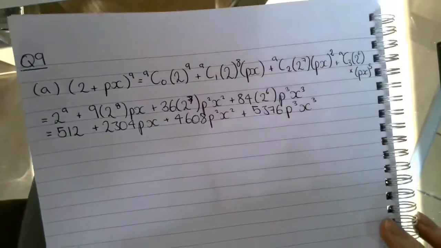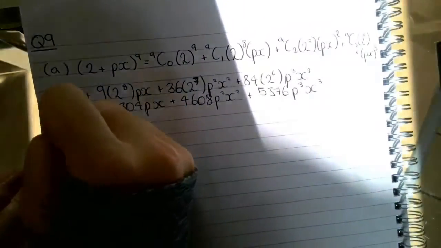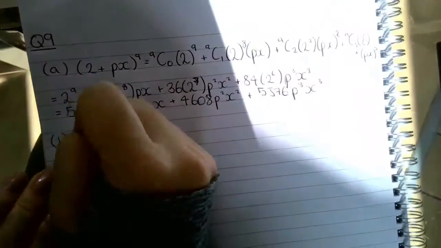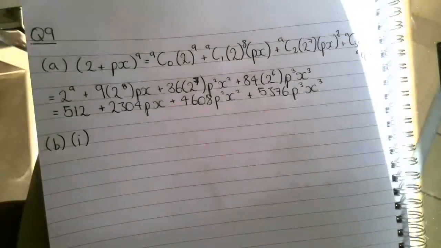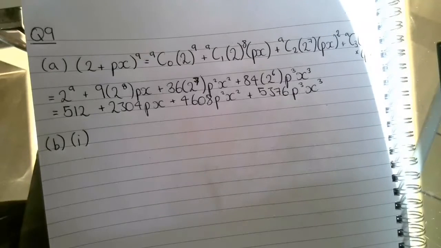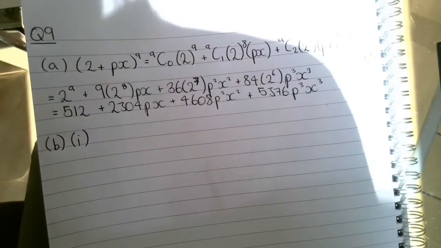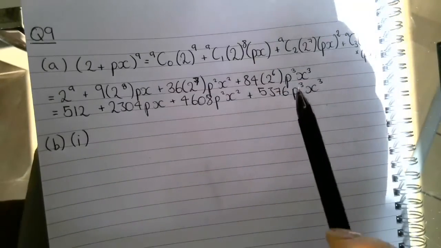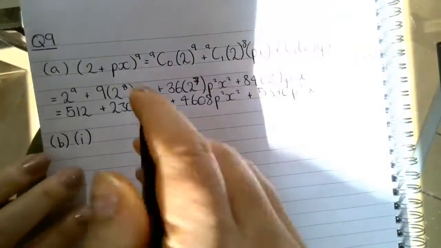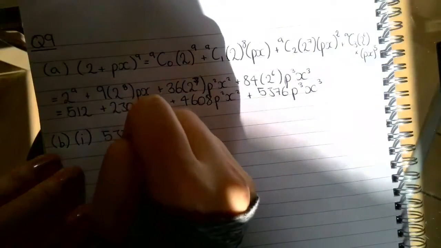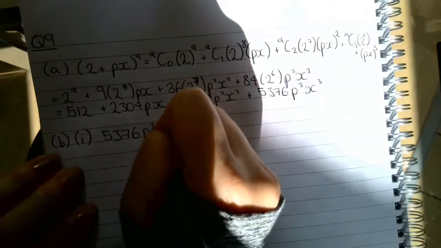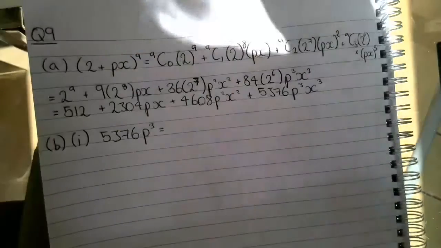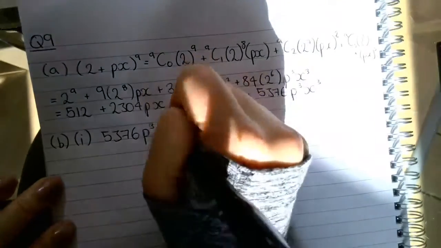Okay, then part B says given that the coefficient of the x cubed term is negative 84, find the value of p. So the x cubed term, that is 5376 p cubed. That is the coefficient of our x cubed term, and that is equal to negative 84.